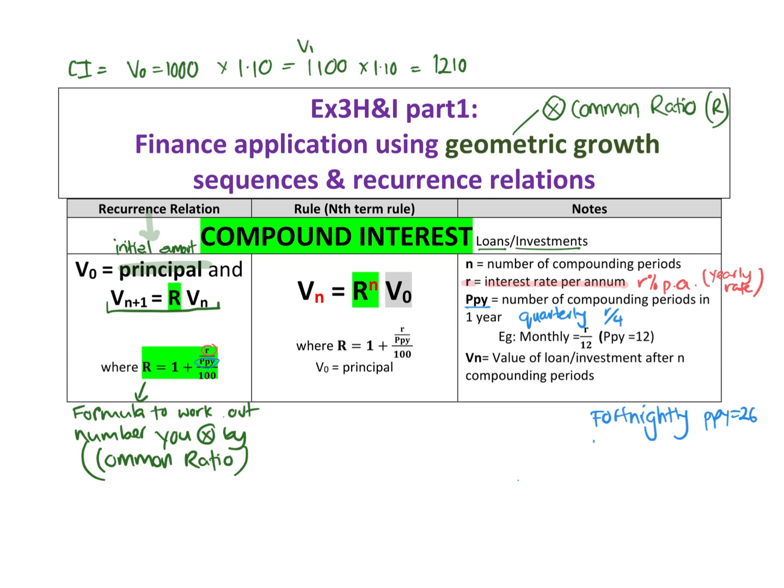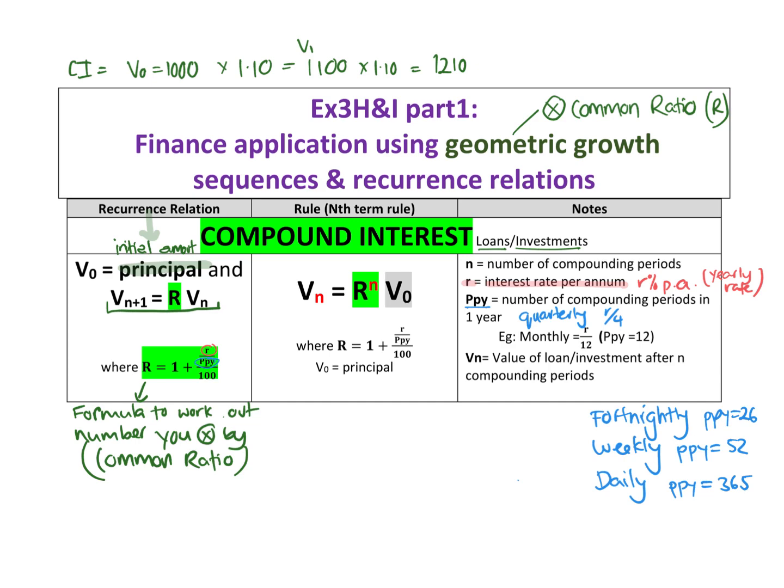If we had weekly, PPY would equal 52. And sometimes you'll see interest on a daily basis. Generally we say PPY is 365, and they'll tell you if it was a leap year. They're normally just a normal year when we're doing our questions. All right, so that's what you're going to see.